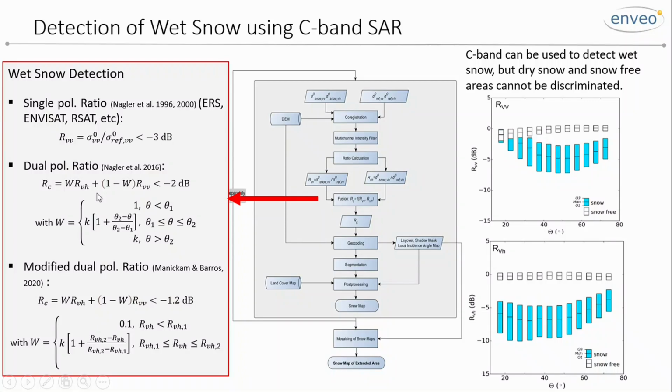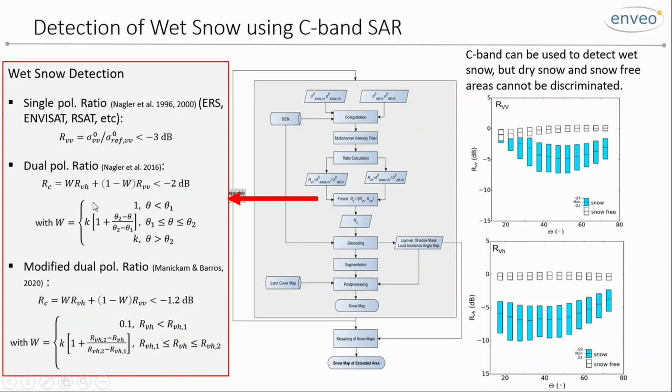And therefore we extended this very simple approach to combine it. The basic idea is that at lower incidence angles, below about 20 degrees, we are only taking the VH. The VV is not really useful.